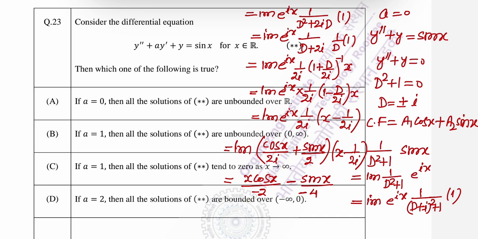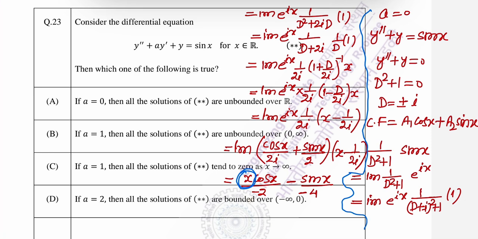In this you see there is x. I show you in blue enclosure. In this we have x, so this will not be a bounded function, it will be unbounded.